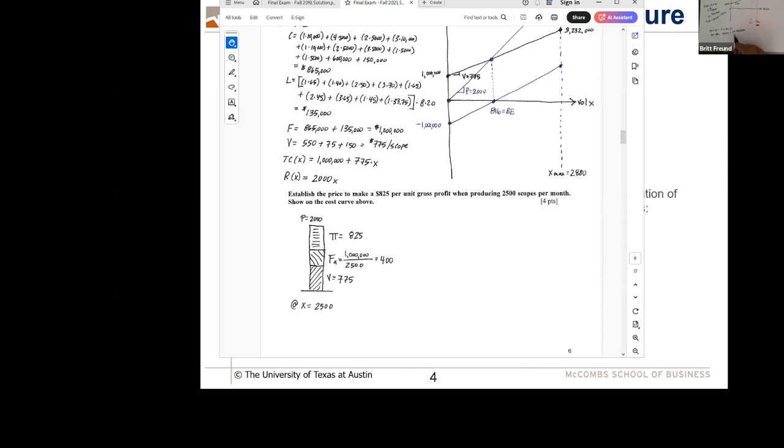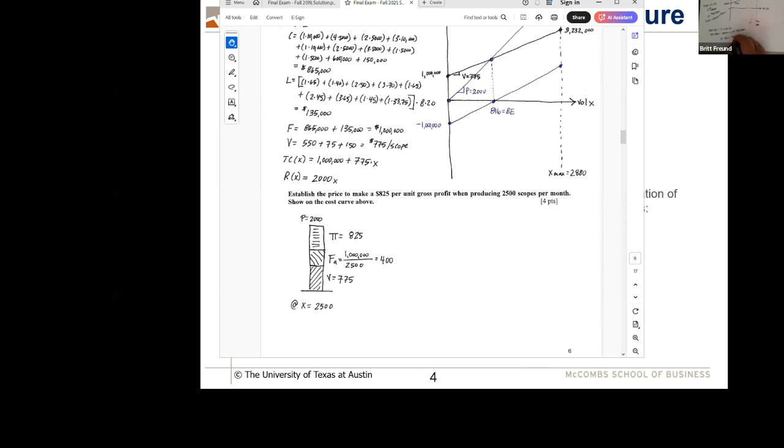So if you were to isolate the P on this, if you divide both sides by 2,500, this 2,500 goes away, this 2,500 goes away, and that goes into the million divided by 2,500. And this P becomes that 825 times the 2,500 got divided by the 2,500, so it's just the 825. And then this million moved to the other side, so it becomes plus $1 million.